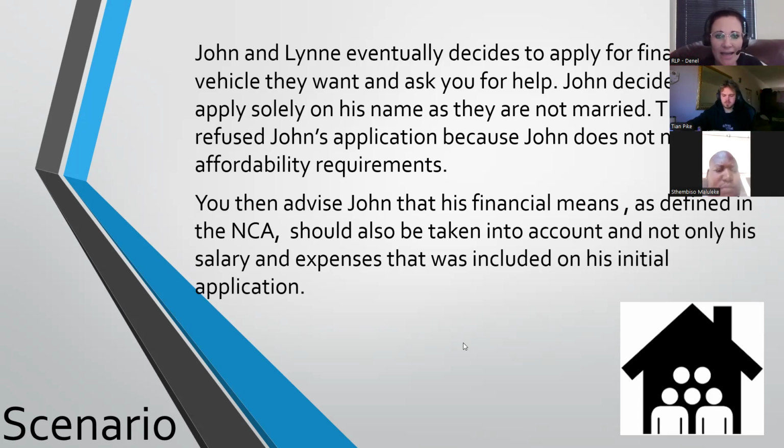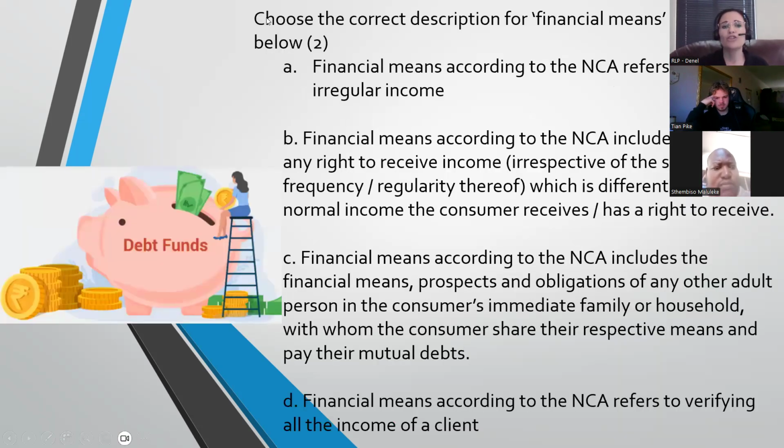And then you as the agent refer John to consider his financial means as defined in the NCA. And you say that the financial means should also be taken into account and not only the salary noted on his payslip. Okay, so choose the correct description for financial means in the options below.